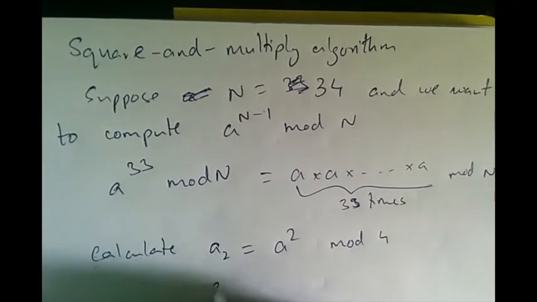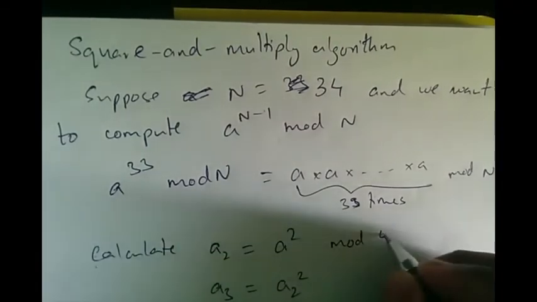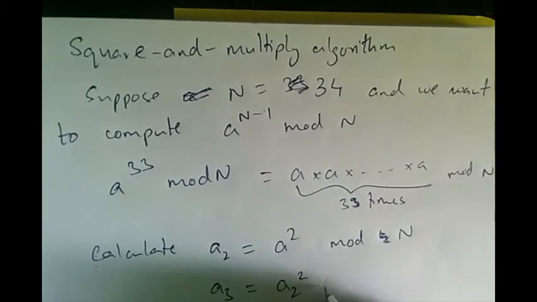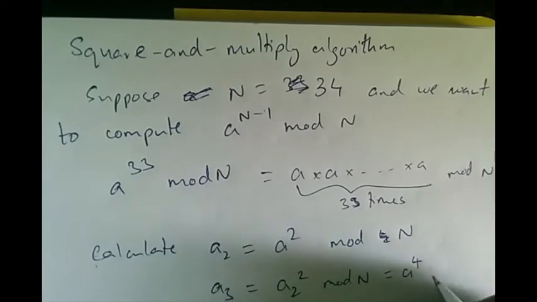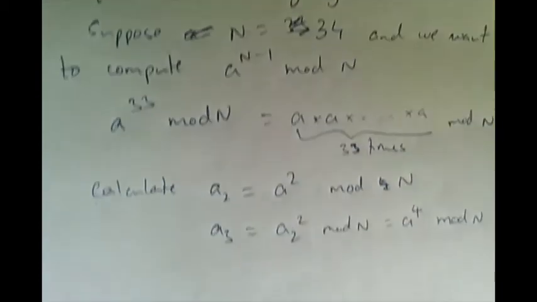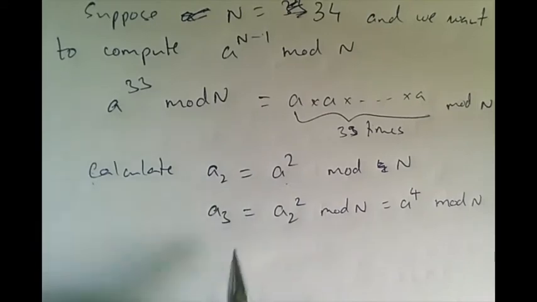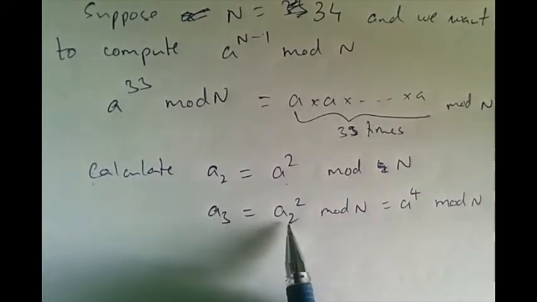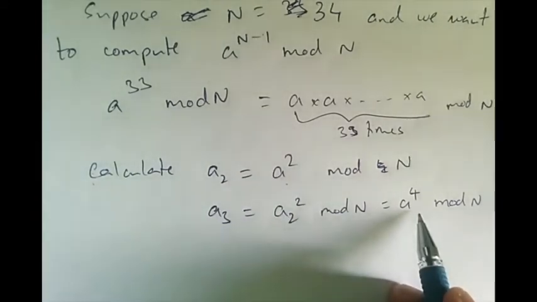Then a3 is a2 squared mod n, which is a raised to 4 mod n. This is one multiplication for a2, then a3 is a2 squared, the second multiplication. But a2 squared is actually a raised to 4.